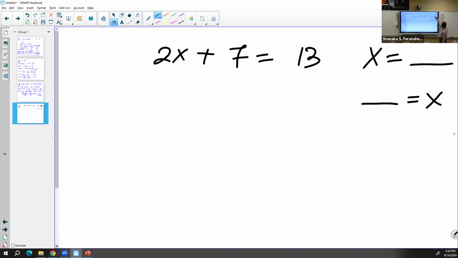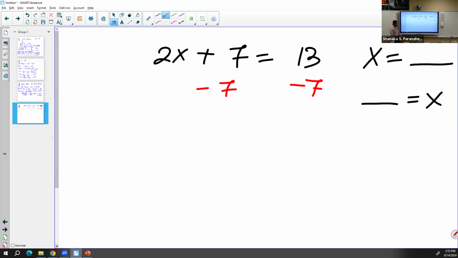In order to simplify this given equation into one of these simplified forms, we always do the opposite of the term that we need to remove from the side. So in order to isolate x on the left side of the equation, we need to get rid of plus 7. The opposite of plus is subtraction or negative. So we subtract 7, and you have to do it for both sides of the equation.